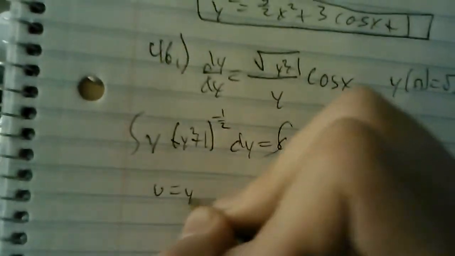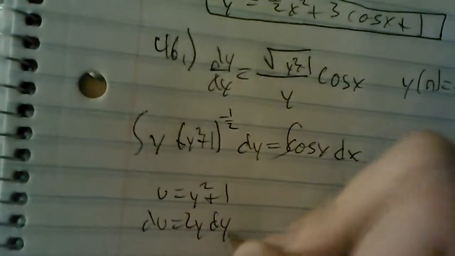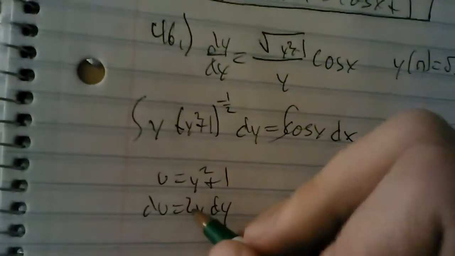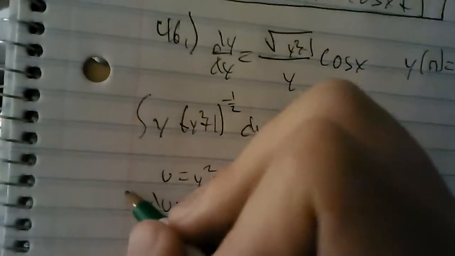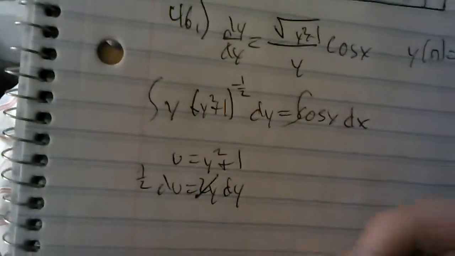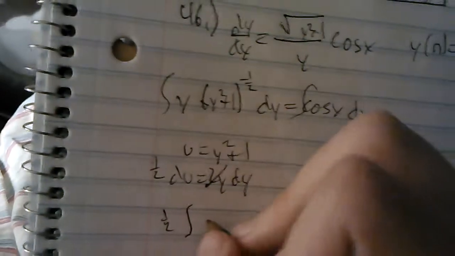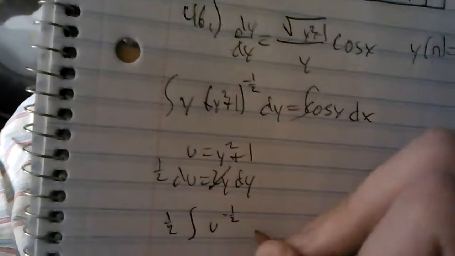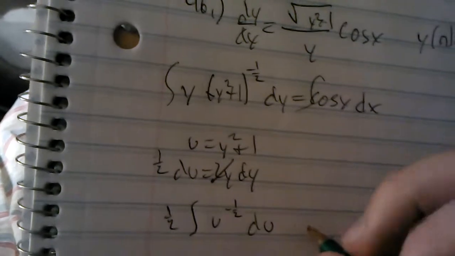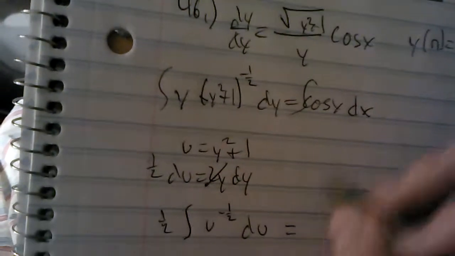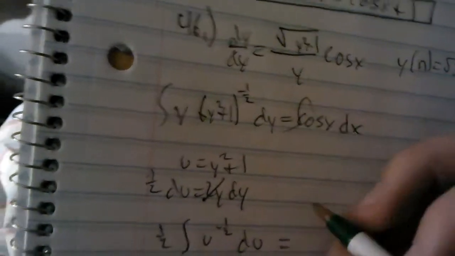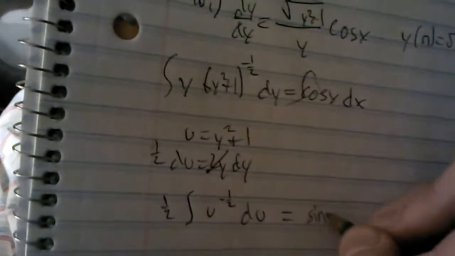So we're going to integrate both sides. Here we have to do u substitution, so u equals y squared plus 1. du equals 2y dy. So we only have y dy here, so 1/2 du. So right now we have 1/2 integral of u to the negative 1/2 du equals, and the integral of cosine of x is sine of x.